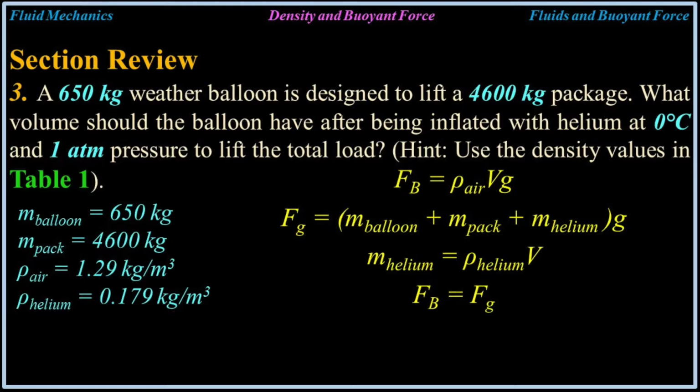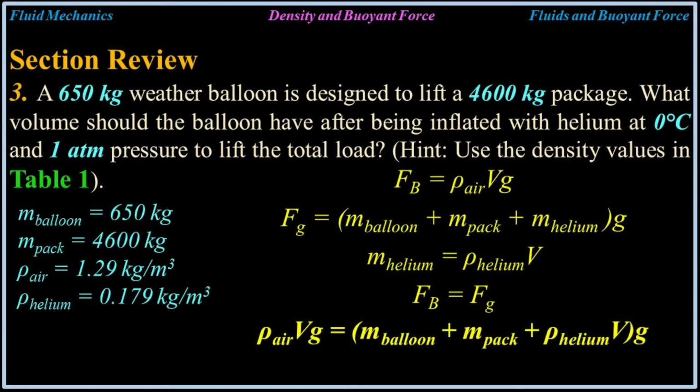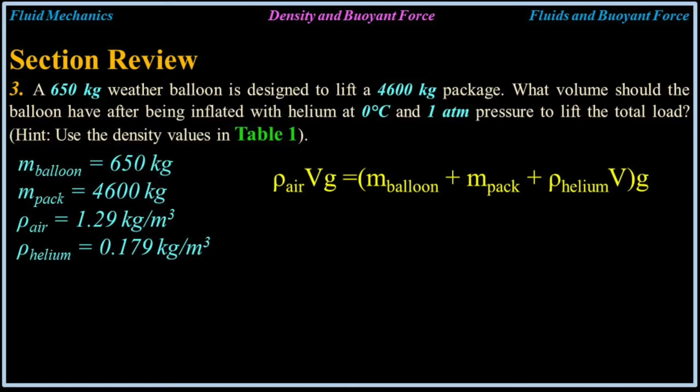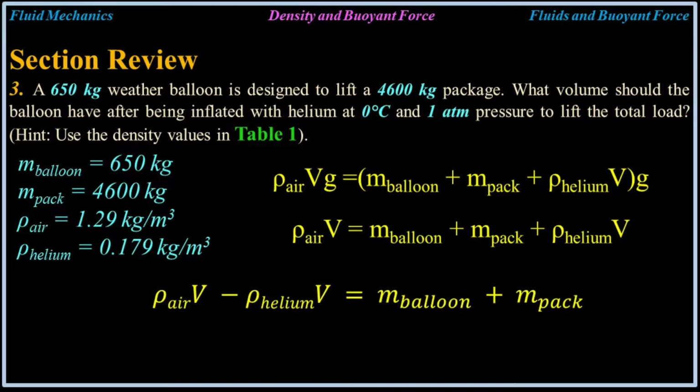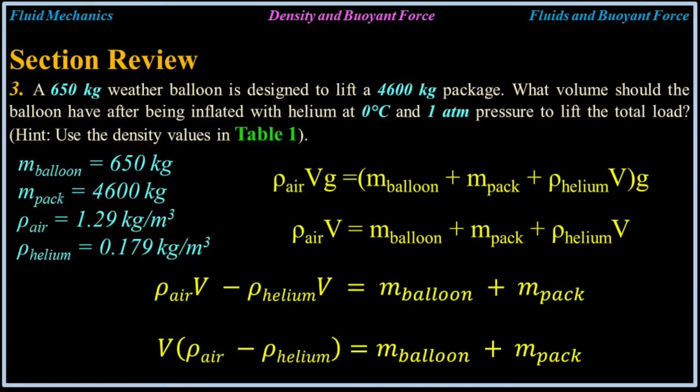I know that FB equals FG. You can see these problems are beginning to run together. Now remember, I need to solve for the volume. So I'm going to be rearranging this equation to solve for the volume, getting my volumes on the same side of the equation.